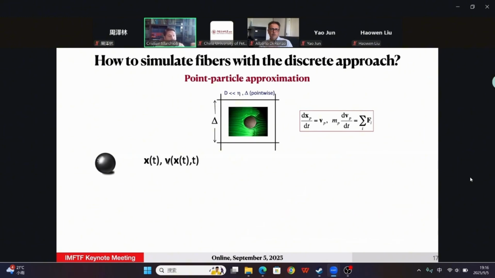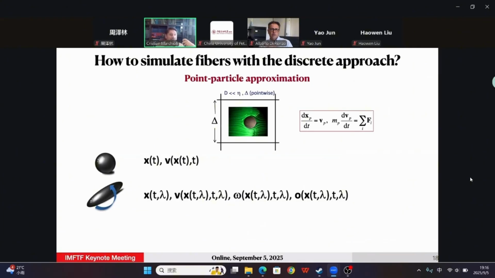However, when you depart from the simplest case of a spherical particle, for instance, you consider an elongated particle, even a simple elongated particle like an ellipsoid, then you need to take into account also its rotation, its orientation within the flow, and also the dependency of all these quantities on the shape, which here I parameterize through this lambda, which is the aspect ratio of the particle.